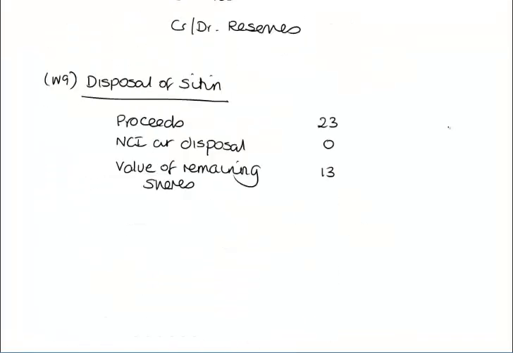How else are we going to calculate our disposal of Sitin? We've got the proceeds, the NCI at disposal, less goodwill and less net assets at disposal.